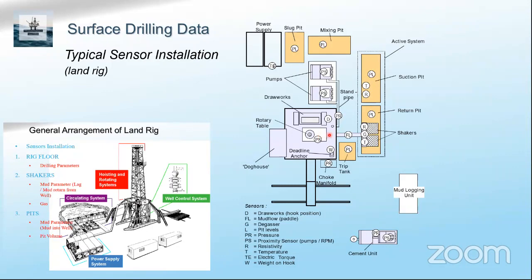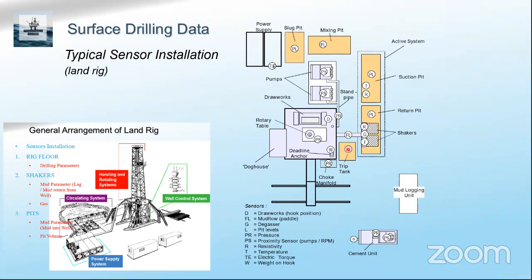So they run a closed system, and the hole is always filled with mud. Then they will see if there is any increase or decrease when they suspect anything, or when there are some procedures to be done.